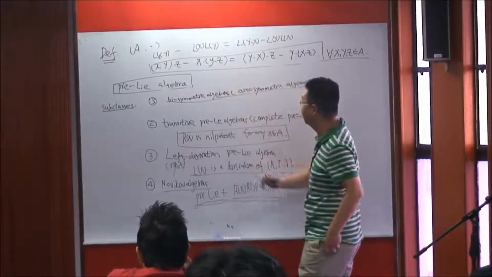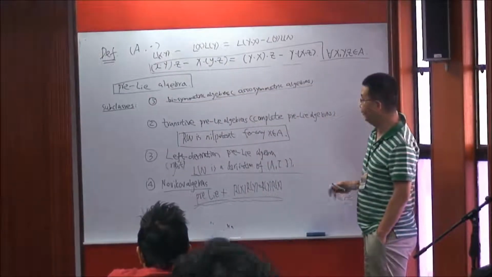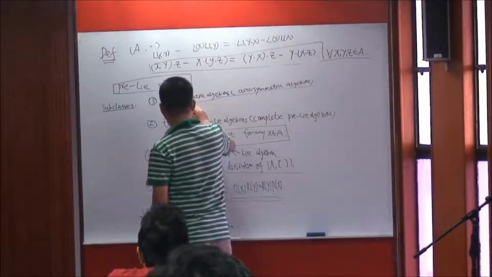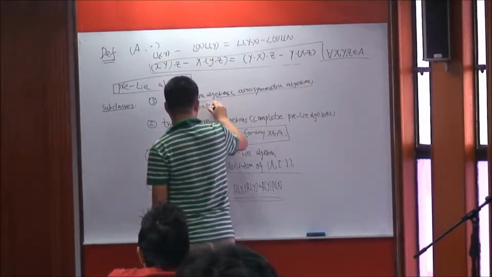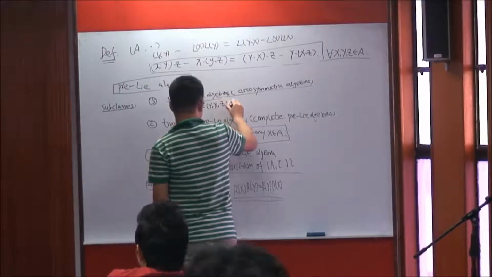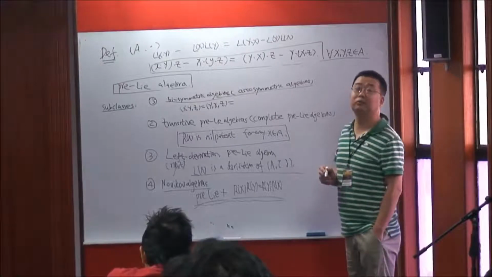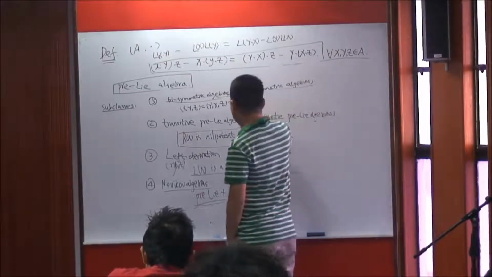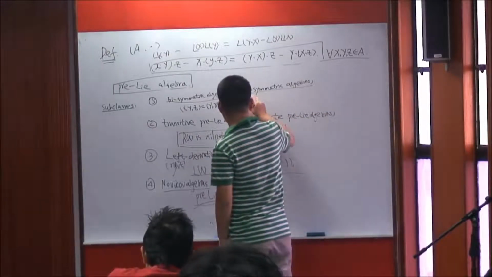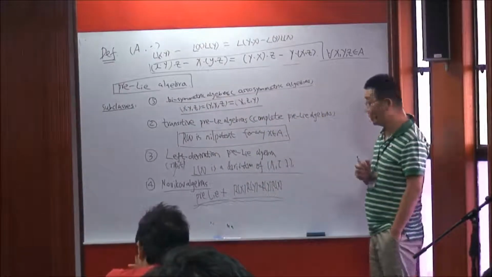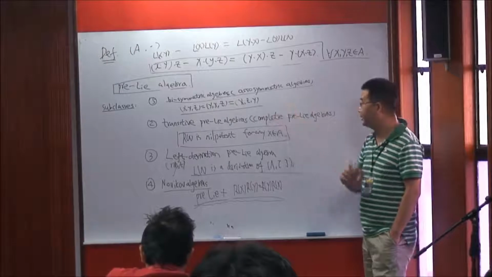We can give the left symmetric algebras as pre-Lie, but we hope that (x, y, z) equals (y, x, z), and at the same time it is also right symmetric: (x, y, z) equals (x, z, y). When we have such structures, it's called a bisymmetric algebra.